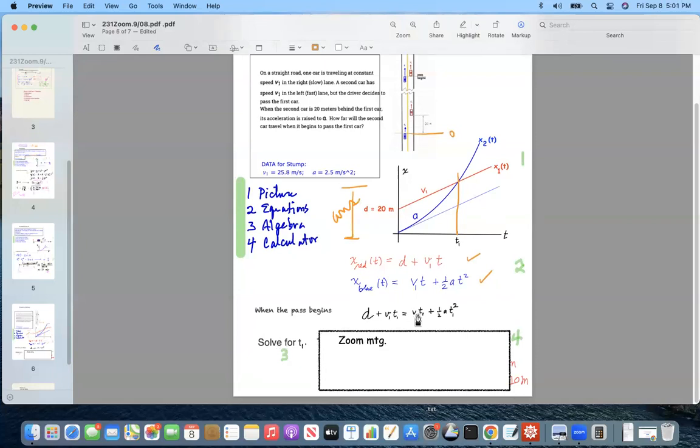The answer is this distance at that time. The algebra is fairly simple because it's a simple kind of quadratic equation: on the left-hand side, I have v1t1, and on the right-hand side, I have v1t1. I can cancel that on both sides of the equation. I just have d is 1/2 at1 squared.